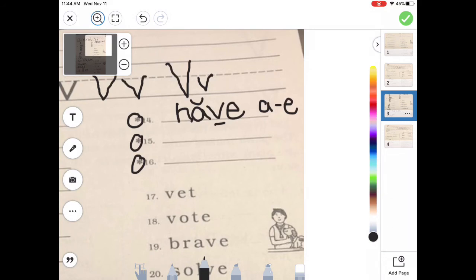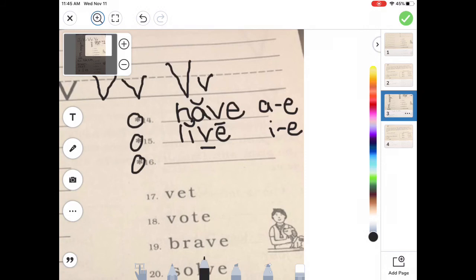Live. L, I, and then V. Now, I can't end a word with a V. I have to have an E. So again, this is an I sneaky E, but it doesn't follow the rule. Listen, it's short. So it's one of the rule breakers.